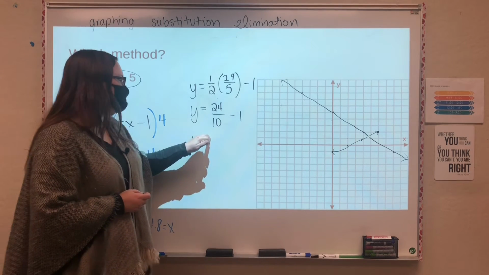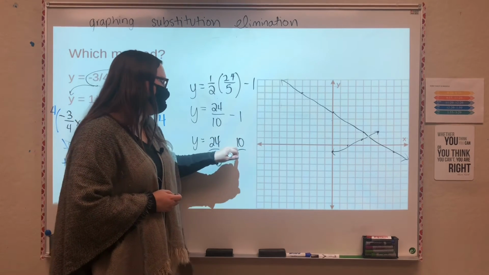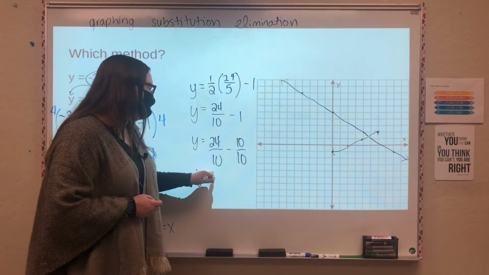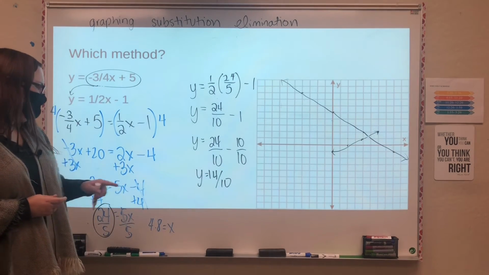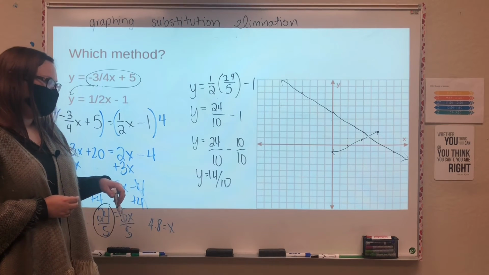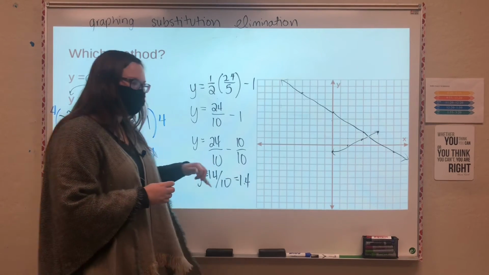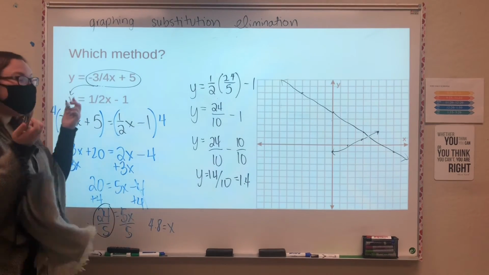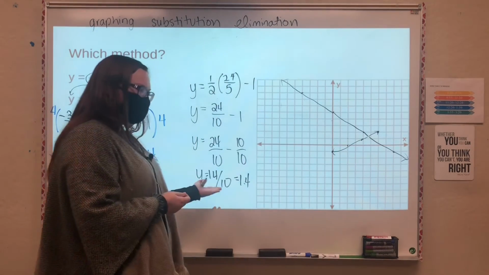That's another way to do it. So we could say 24 over 10 minus, instead of 1, thinking of it as 10 over 10. And that would give us 14 over 10. That's also a perfect way to do it. 14 over 10. Do you know what that one is? Could be 1.4. You were really impressing me with these fractions and decimals today. 1.4. Again, we said we could tell from the graph it's between 1 and 2, but now we know exactly what it is.